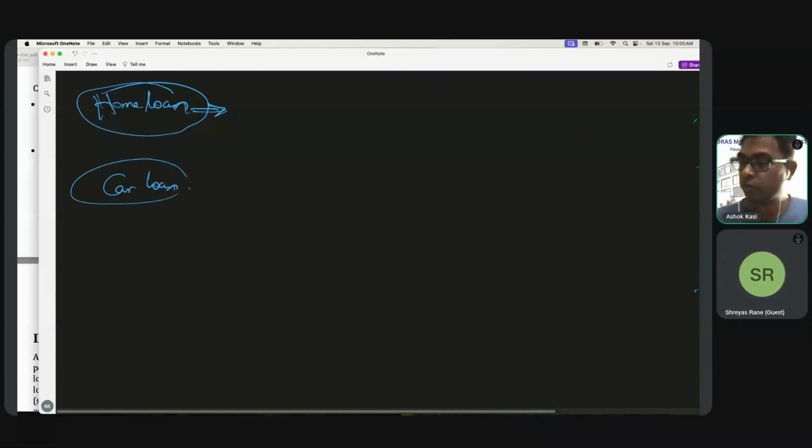Now you are not paying. You have taken a car loan, and after a few years you are not paying. Can the bank come and seize the car? Yes. After seizing the car, if they are still not satisfied, if they want more money, can they ask you to sell your home and give it to them? Yes or no? No. After a few years you are not able to pay the loan amount, so the bank takes over the car.